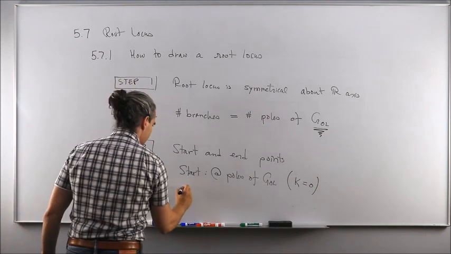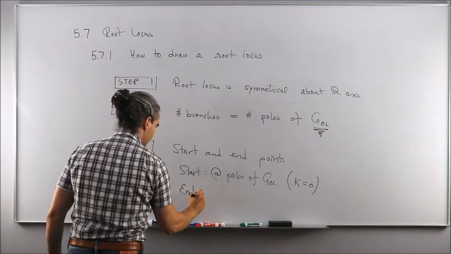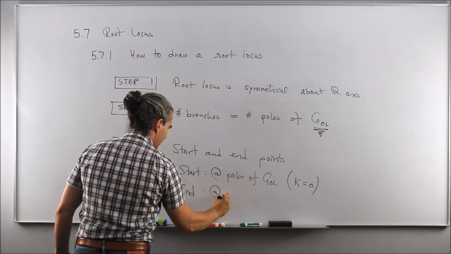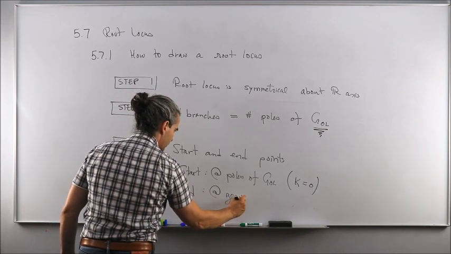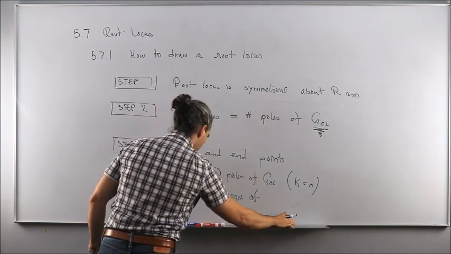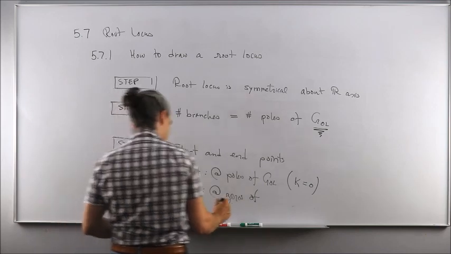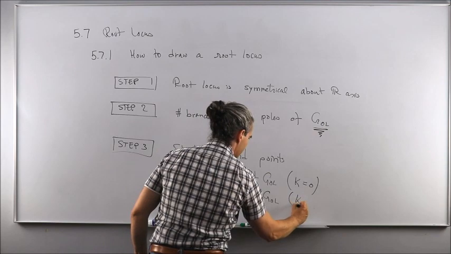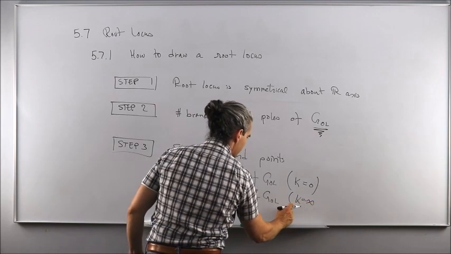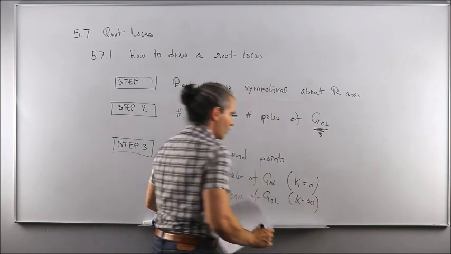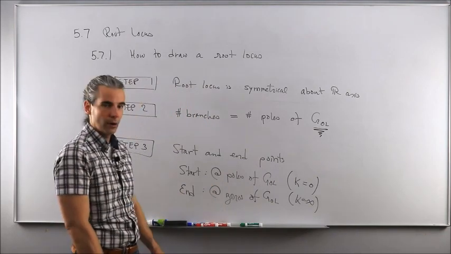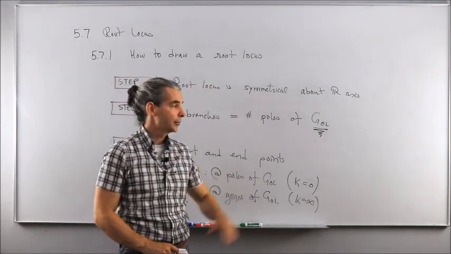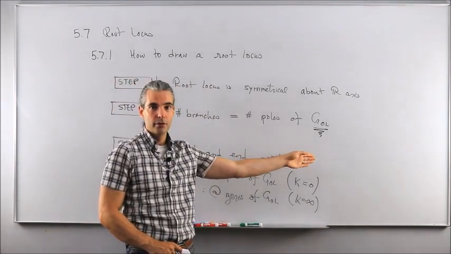And where do we end? We end at the zeros of our open loop transfer function, G open loop, and that will be whenever K is equal to infinity. What if you don't have any zeros for the open loop transfer function, as in the previous example?